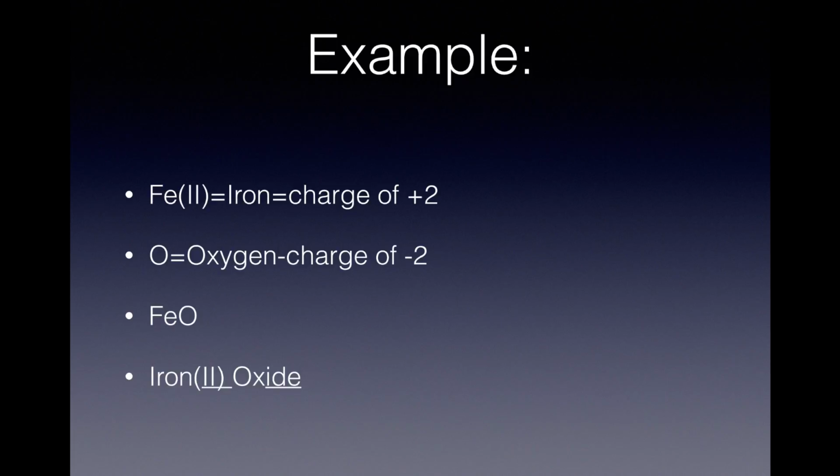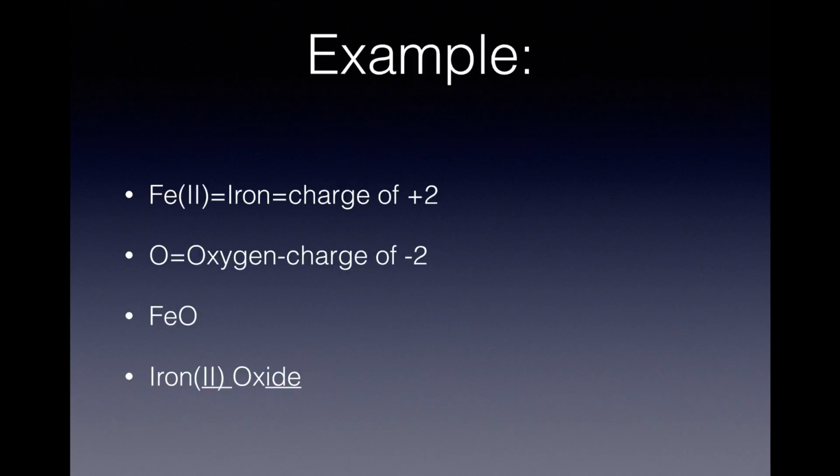It has iron with a charge of 3, which in this case we're not going to use. We're going to use the one with a charge of 2. If we were going to use the one with a charge of 3, we would have put parentheses with 3 in Roman numerals.